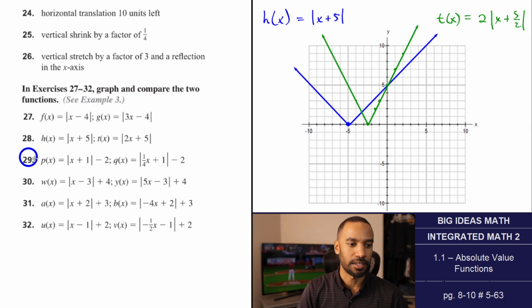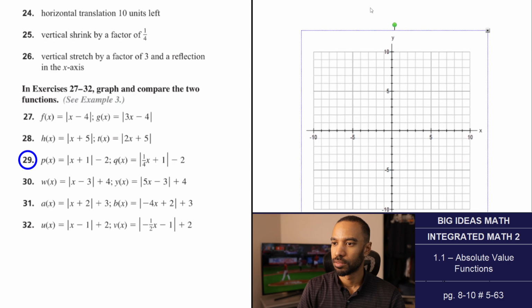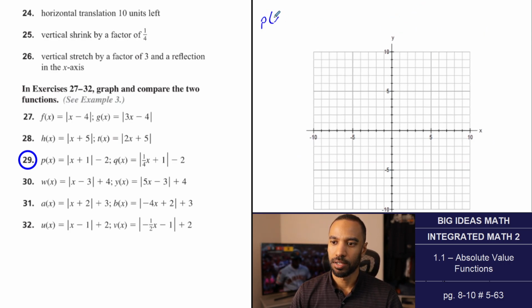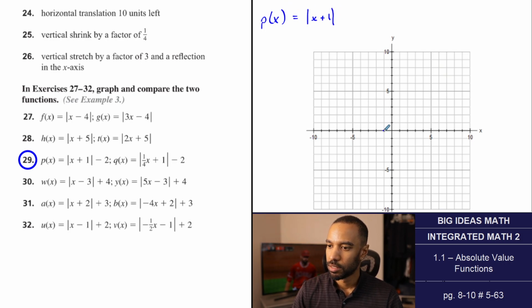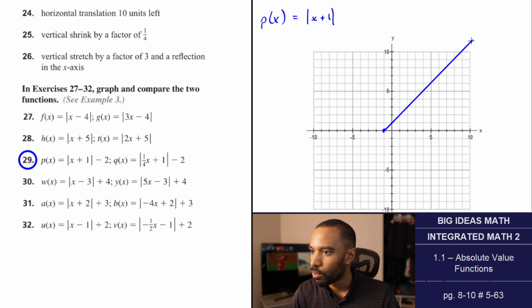Okay, number 29. P of x equals absolute value of x plus 1. That's translated 1 unit to the left, and then once again stretch of 1.